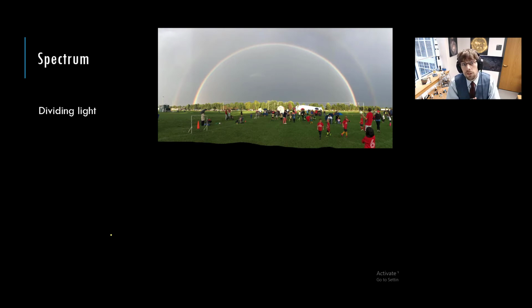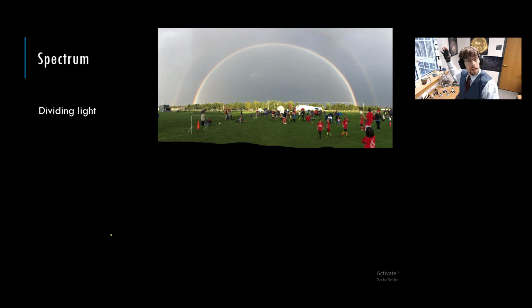What you are doing is you are taking light and you are spreading it out into its various wavelengths. Okay? Nature naturally does this for us, for example, as displayed here over one of Graham's soccer matches. Yeah, where does a rainbow come from? Where is the light for the rainbow coming from? Yeah, the sun. Not shown in this picture. I'm facing one way. The sun is behind me. And what is happening?